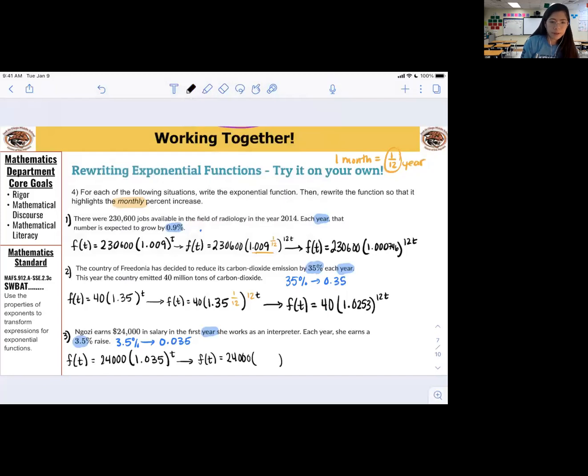And then finally for number three, again, same thing. 1/12 goes on the inside. 12 goes on the outside.